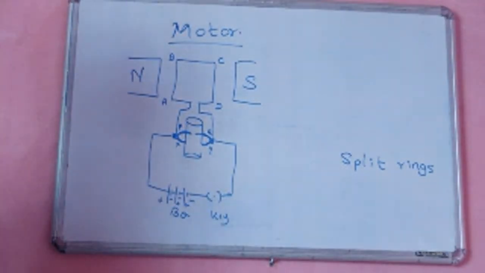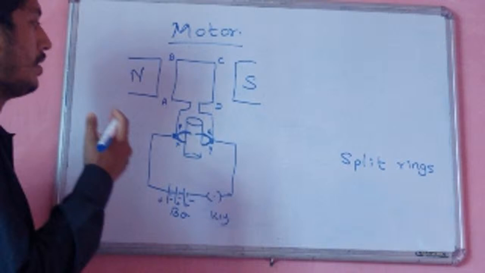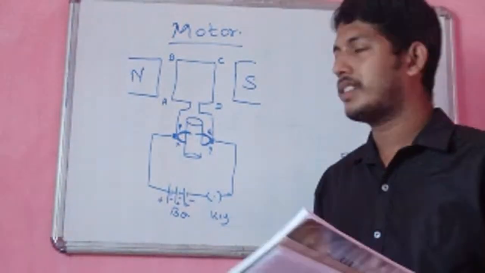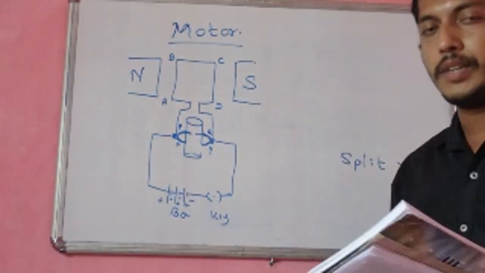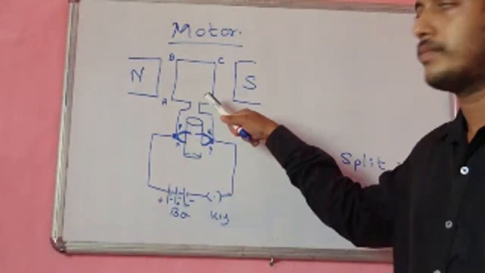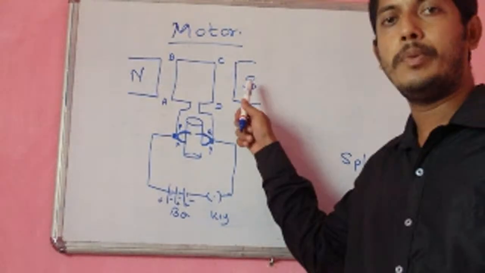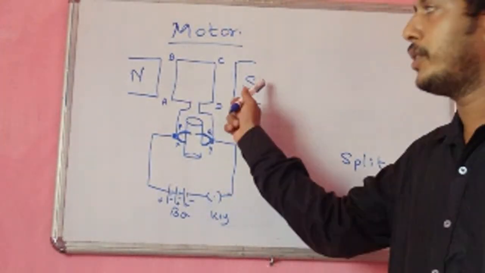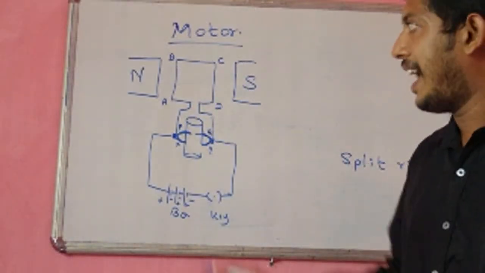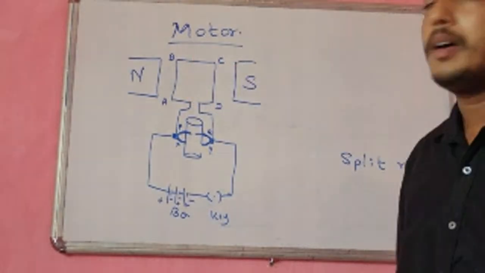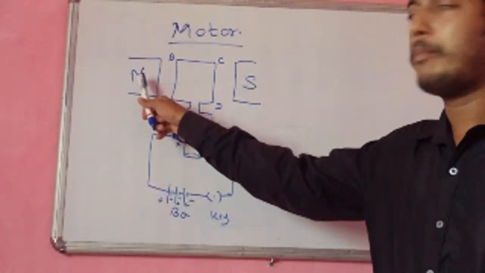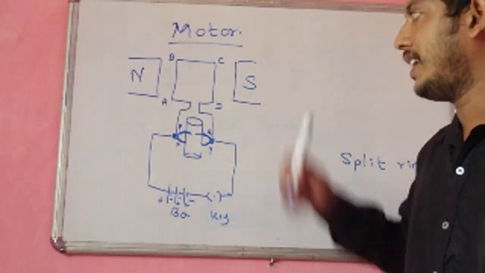Now we'll learn how this electric motor works. The description of the working is given in your textbook. I'll just explain it. ABCD is a coil, and N and S are two powerful magnets. Between these two powerful magnets the ABCD, which is called the armature, is present perpendicular to the magnets of poles north and south.